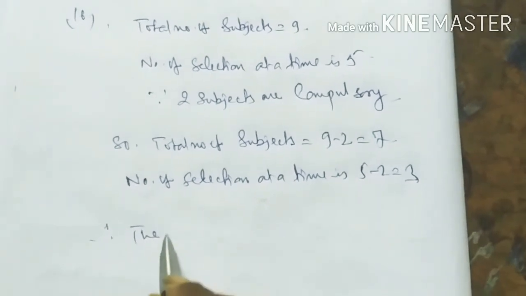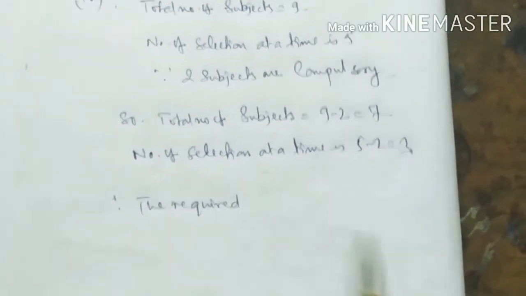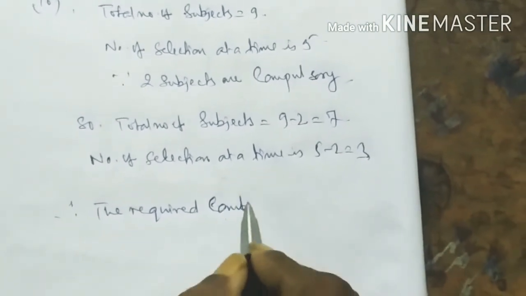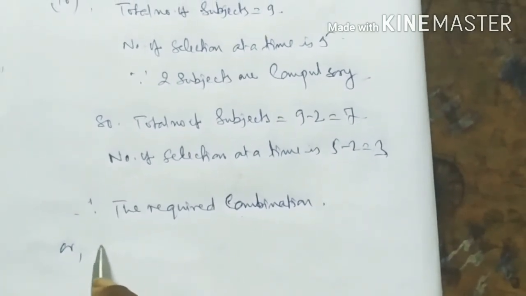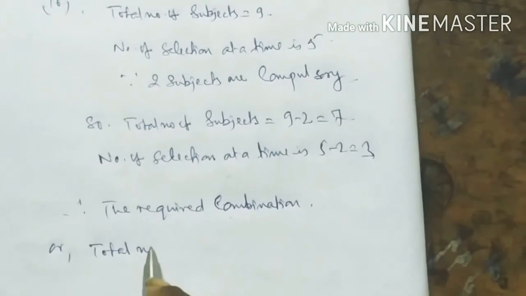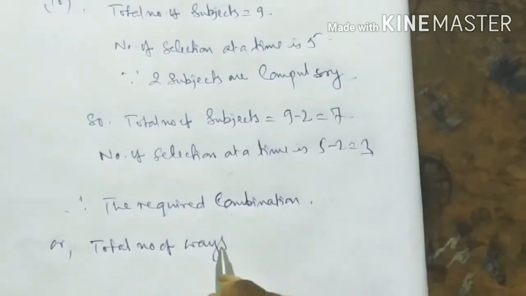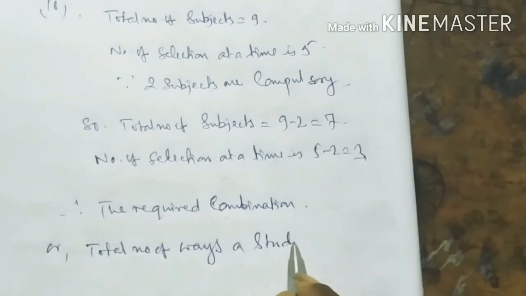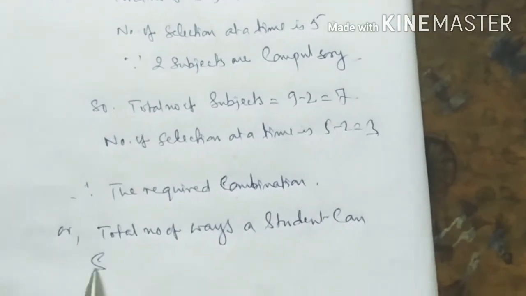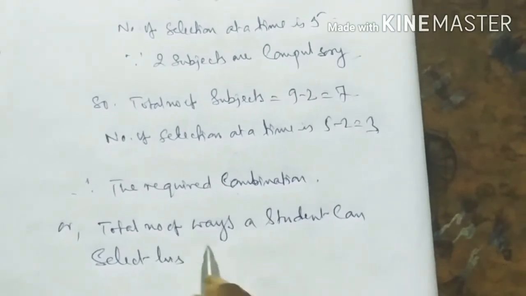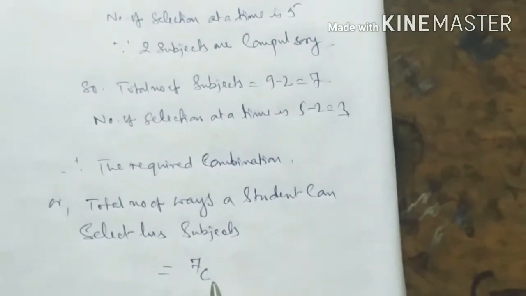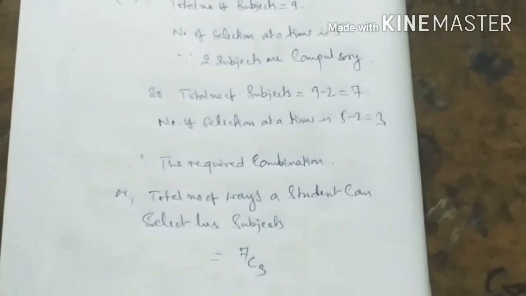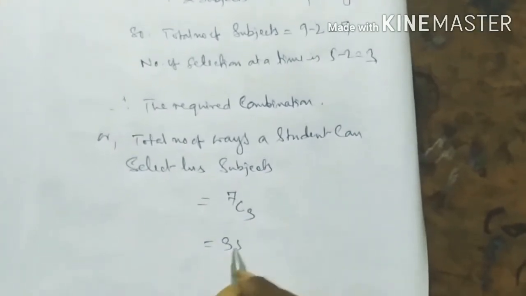Therefore, the required combination, or you can say the total number of ways a student can select his subjects, is equal to 7C3, which comes out to be 35.